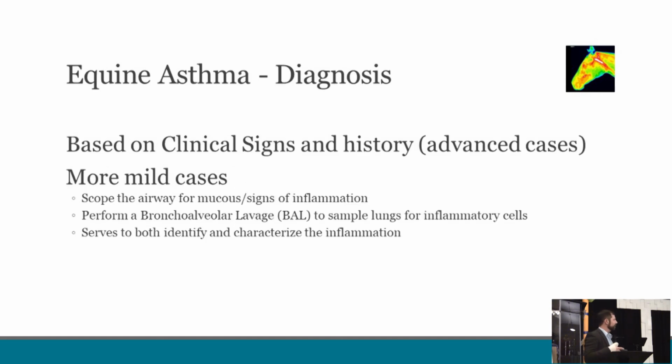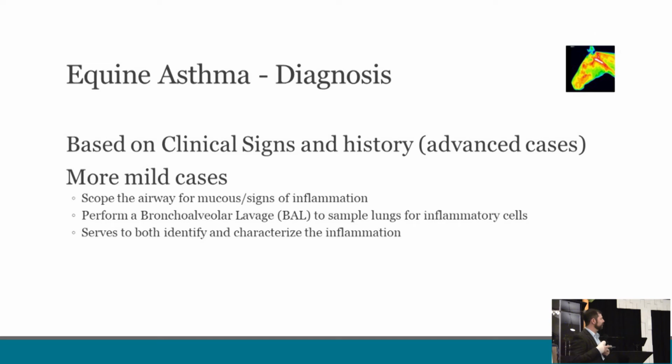So as far as diagnosis goes, in advanced cases, we can pretty much make the diagnosis based on the clinical signs and the history that we're seeing, okay? In more mild cases, we do have to do a little bit more digging to find a definitive diagnosis. That can include scoping the airways, so actually looking in there with that camera, that endoscope, to look for mucus or signs of inflammation.